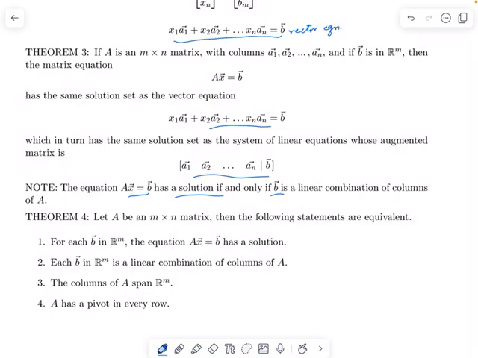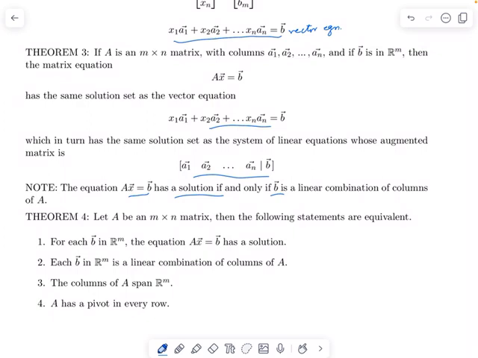The second statement is: each b in Rm is a linear combination of the columns of A. If there is a solution, then each b can be written as a linear combination of columns of A. And if each b can be written as a linear combination of columns of A, then Ax = b will have a solution.